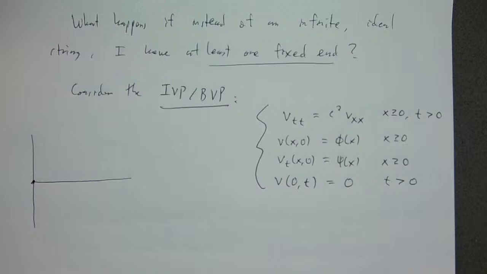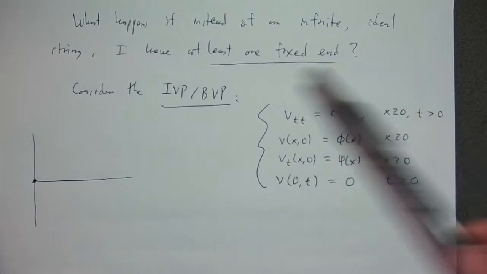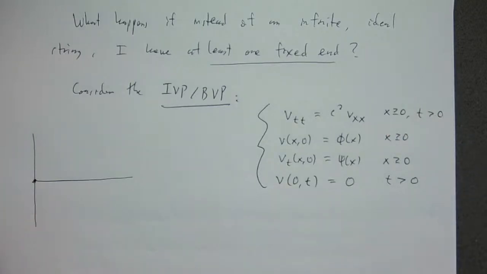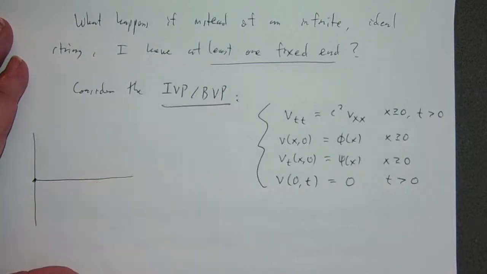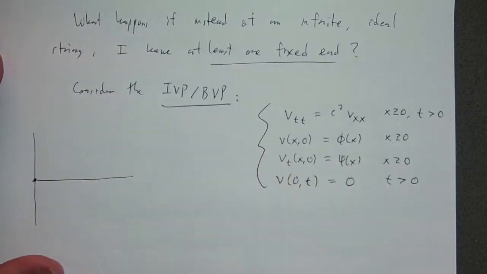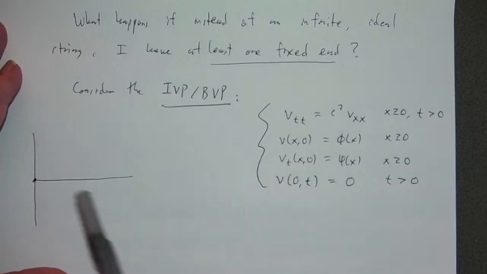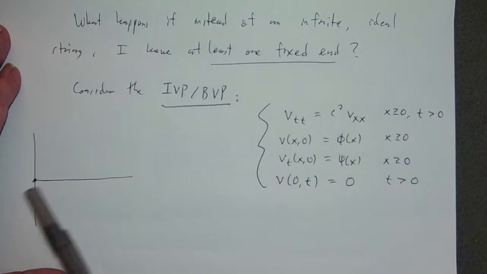So what is the difference here, first of all? Well, everything we did previously assumed that x was in the entire real line. So when I draw the xt plane here, instead of having all of these values of x over here to worry about, I don't have any of the negative values of x.